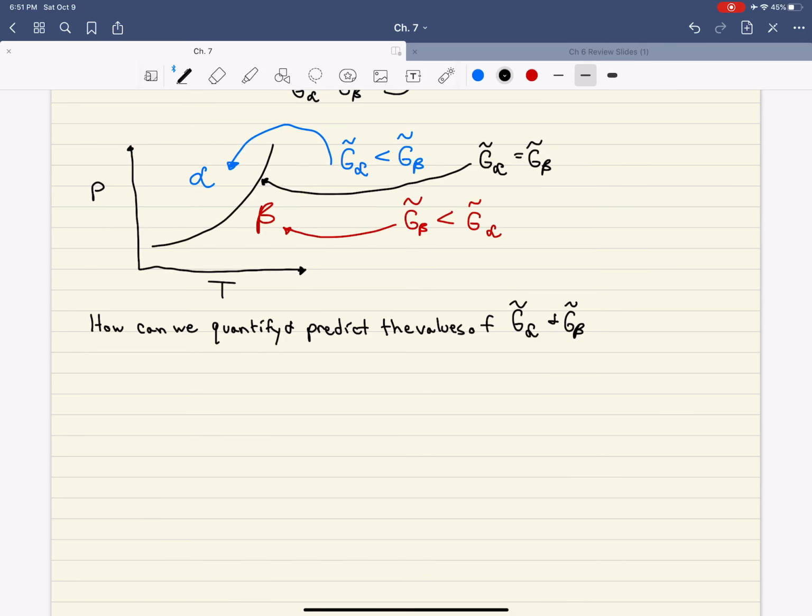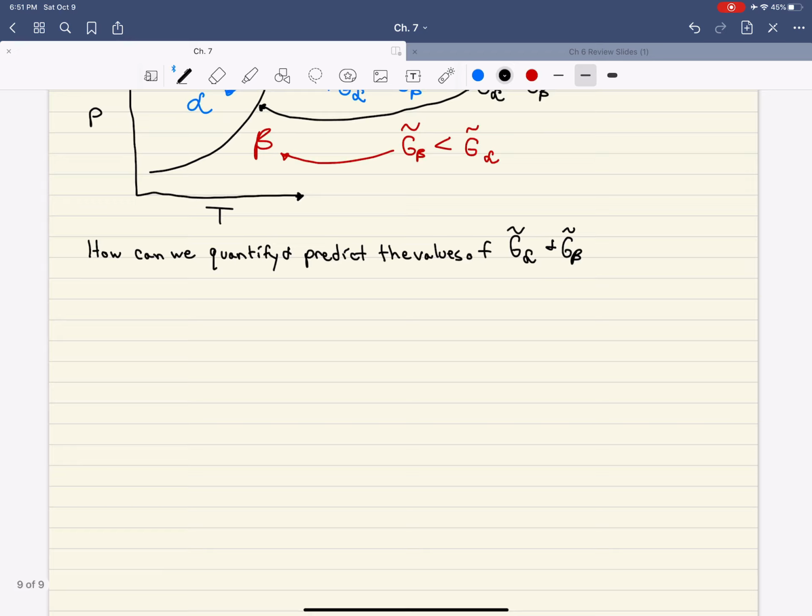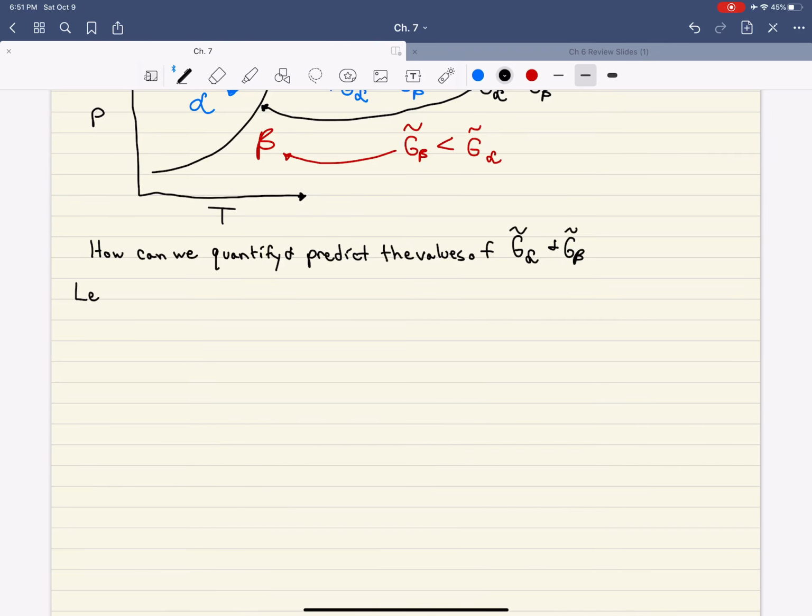To do that, we need to go back to the fundamental equation of the Gibbs energy, the fundamental G equation.